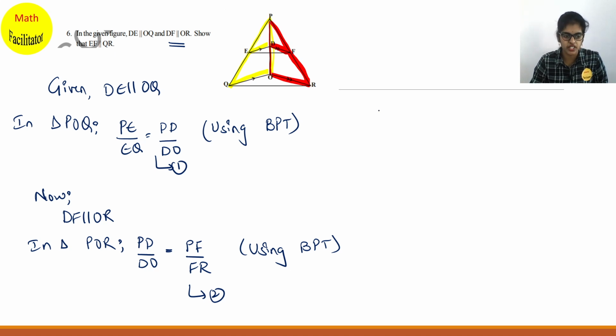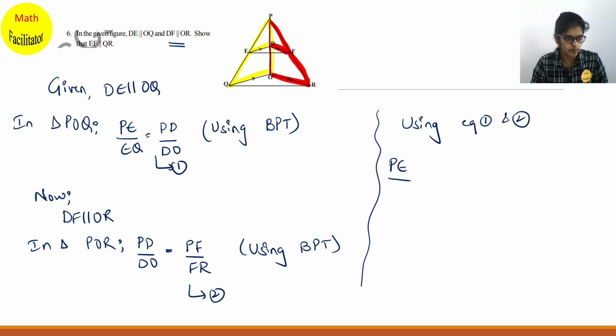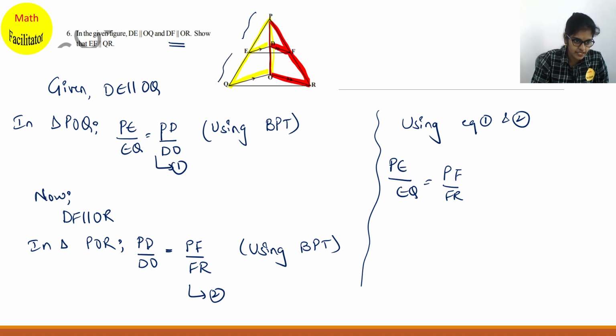So using equation 1 and 2, what can you get? You can say PE by EQ is equal to, see, both are equal. This is equal to PD by DO. This is also equal to PD by DO. So PE by EQ is equal to PF by FR. So which triangle are you getting?